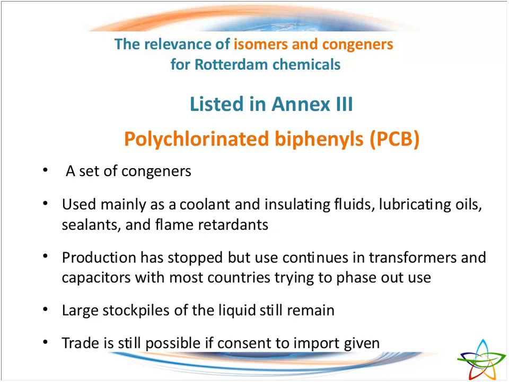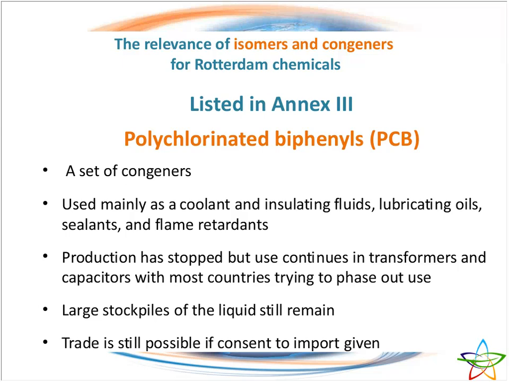Now, in countries that are using transformers, which use this lubricant or coolant oil, we still have a problem as a stockpile. So when they are phasing out the transformer, on the other hand, there is still a stockpile of the liquid, or we could see stains of the liquid. So this falls under both conventions.